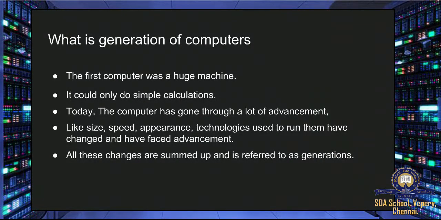So like size, speed, appearance, technologies, everything has been changed from one generation to the other up to date. All these changes are summed up together and are referred to as generations of computers. Each generation has different technologies and different devices used for working of the system.